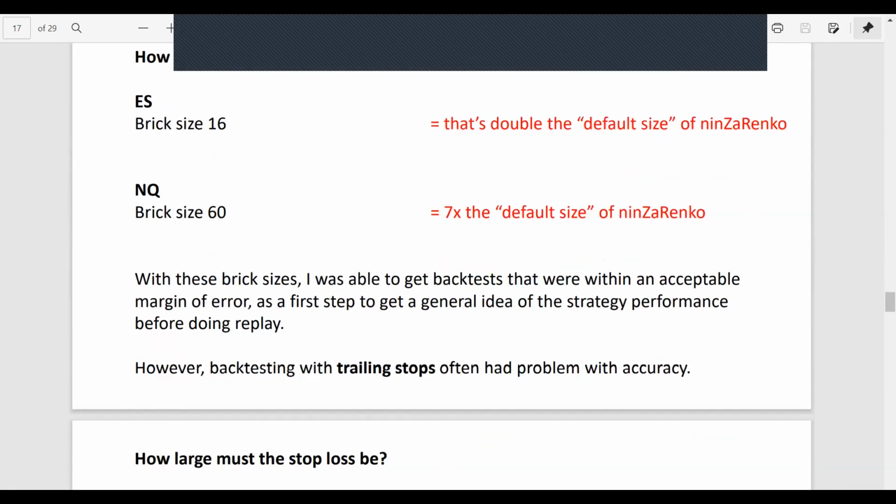How large should it be? So for the Ninja Renko that comes standard default as 8, I put it on 16 for ES, and it backtested with excellent, very high precision or reliability. And for the NQ, I had to go up to brick size 60.